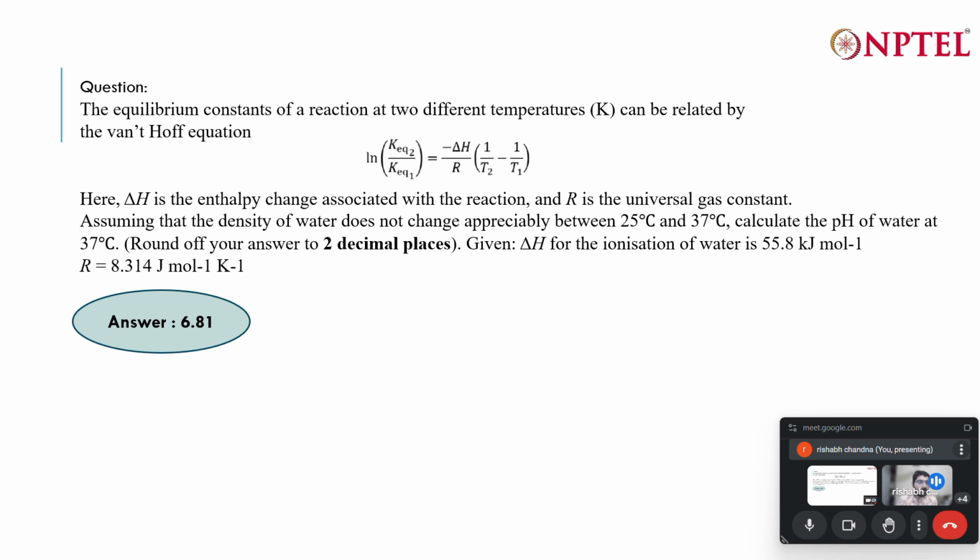Okay, now how do we calculate it? So this is the van't Hoff equation that has been given. Now if we consider the second temperature to be 25, then you have to take into account that Kw would be 10 to the power minus 14, because Kw at 25 degrees is 10 to the power minus 14.